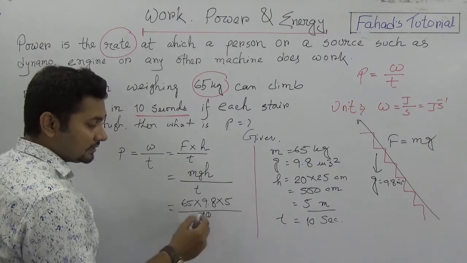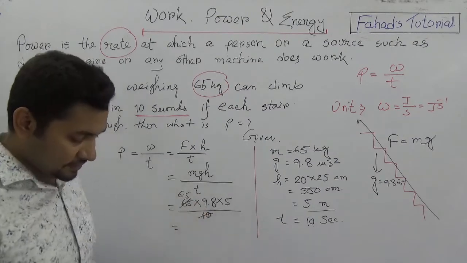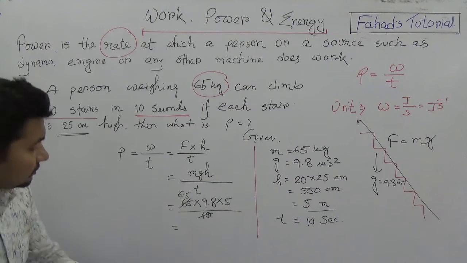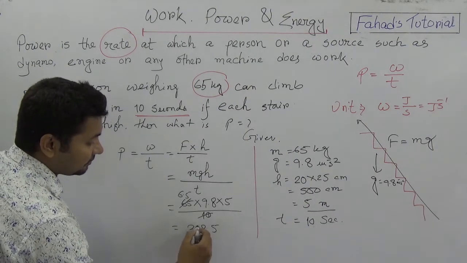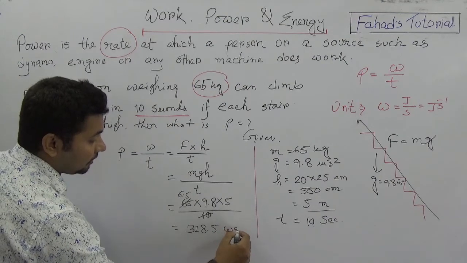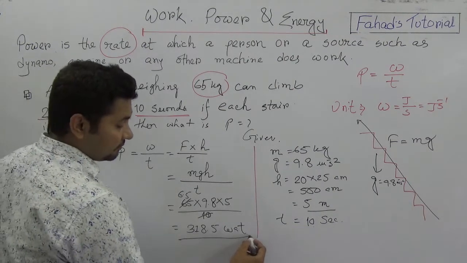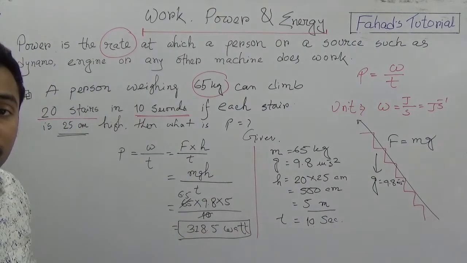So we can say 65 over 10 is 6.5. So 6.5 times 5 times 9.8 would be more or less 318.5 watt actually.